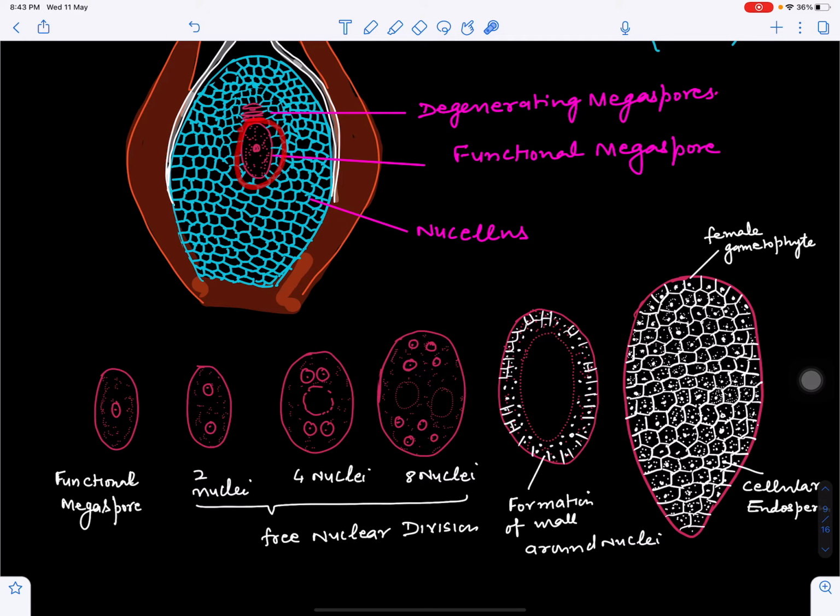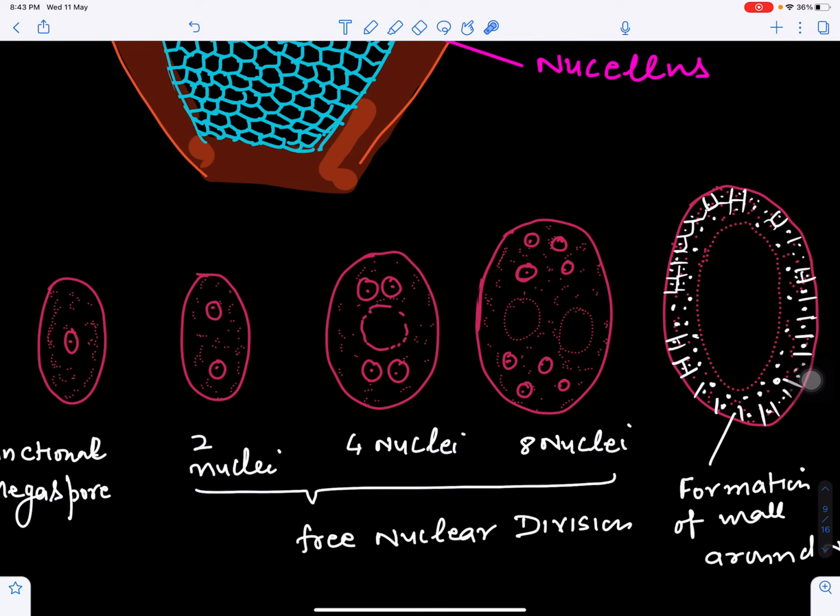Here this functional megaspore nucleus, which is haploid, will now divide into 2 nuclei. This will undergo mitotic cell division. 2 nuclei will be produced. Later on, these 2 nuclei will further form 4 nuclei, then 8 nuclei, by mitotic cell division. Small vacuoles appear later on.